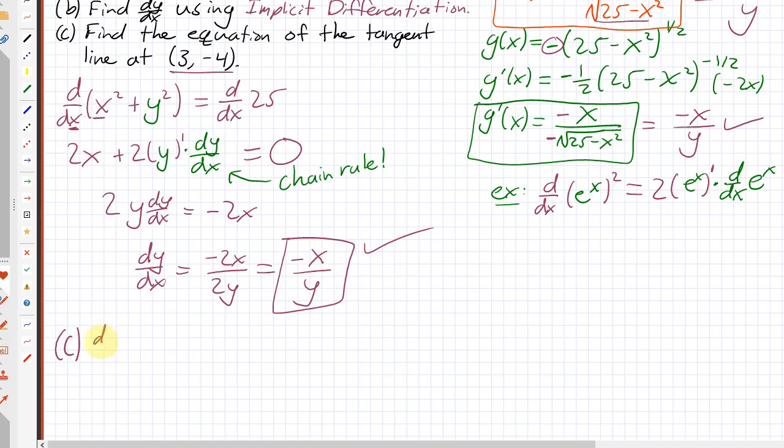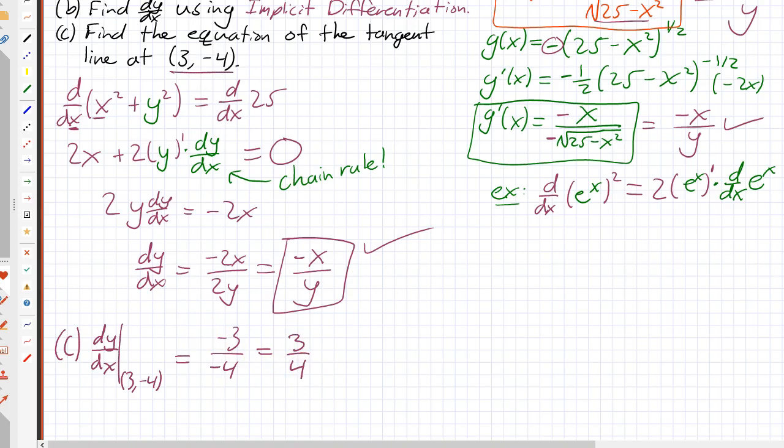So dy over dx evaluated at that point, 3, -4, is going to be -3 over -4. This negative here was just from the derivative formula. So that cancels out and you get positive 3/4 or 0.75.